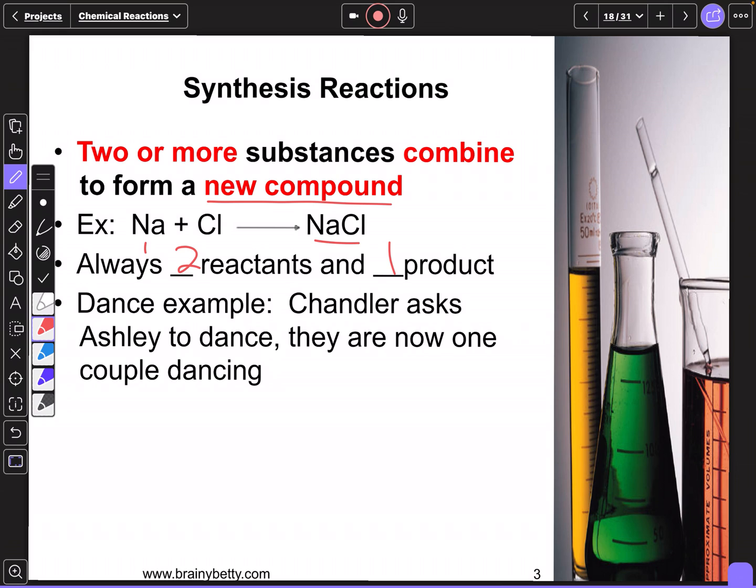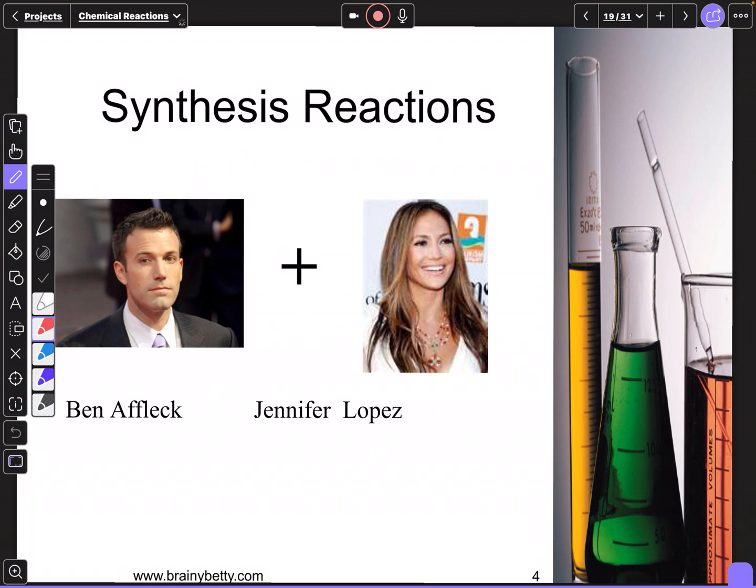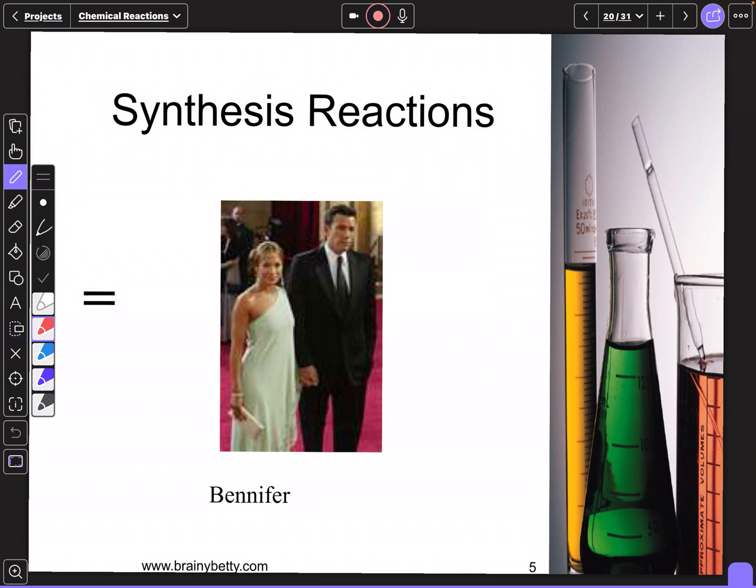Say Chandler asked Ashley to dance, they're now 1 couple dancing. Also, Ben Affleck plus Jennifer Lopez, we get Bennifer, 1 couple, 1 product.